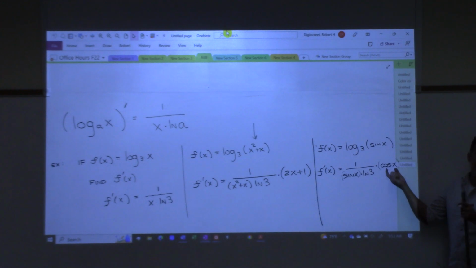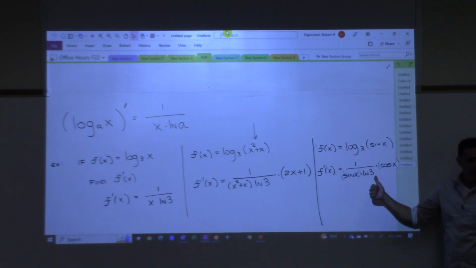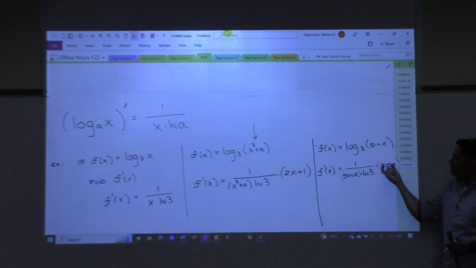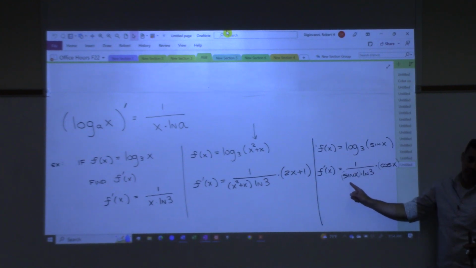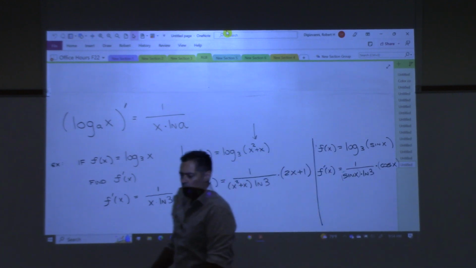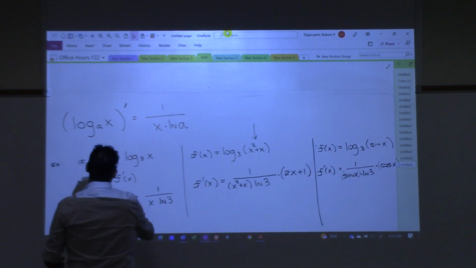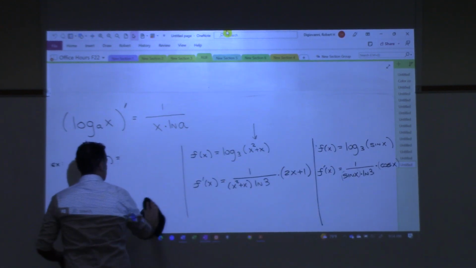Here we only have 1 term, so I don't need it, but it's not wrong to have it. Of course, you could slide the cosine on top, and then cosine divided by sine is actually cotangent, but let's just move on. I have another one for you. How about this?